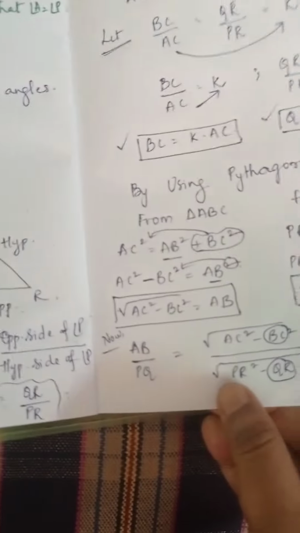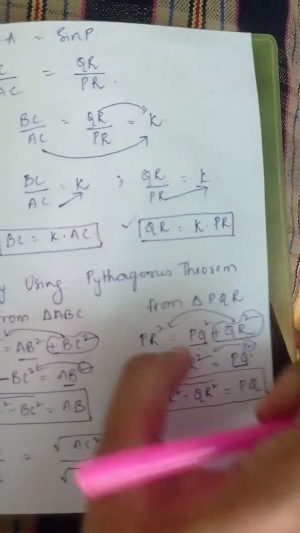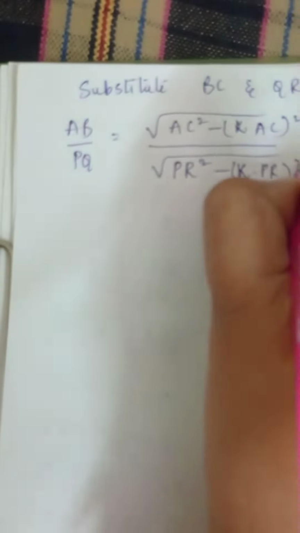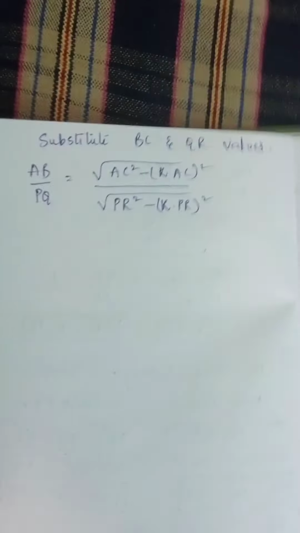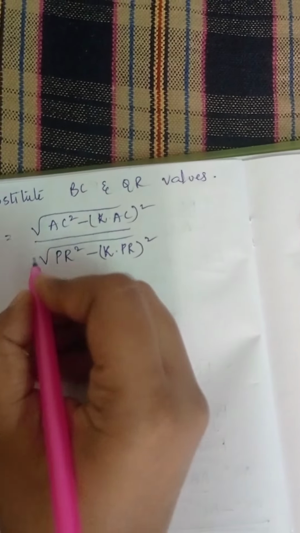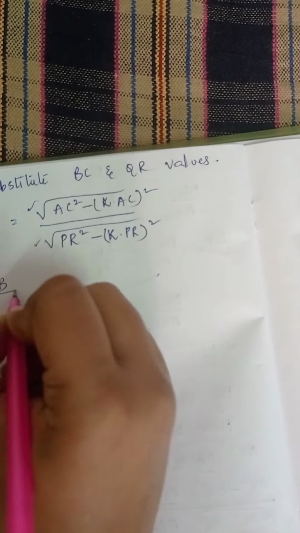And next is PR square minus QR square, right? QR in the sense K into PR whole square, right? So now we'll take root as a common root.